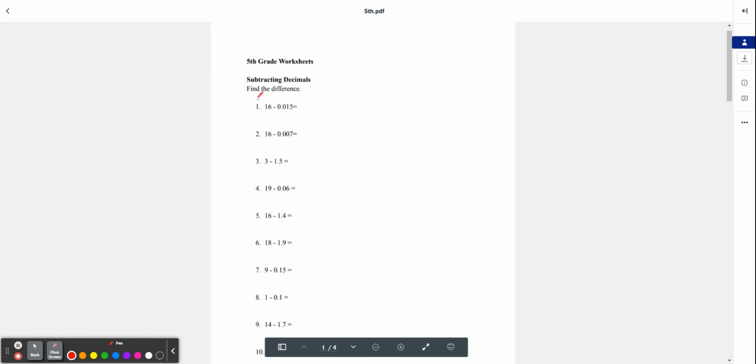So let's get started with subtracting decimals. Number 1. 16 minus 0.015. As you can see, we need to borrow to be able to subtract, but these are zeros so we can't borrow from them.